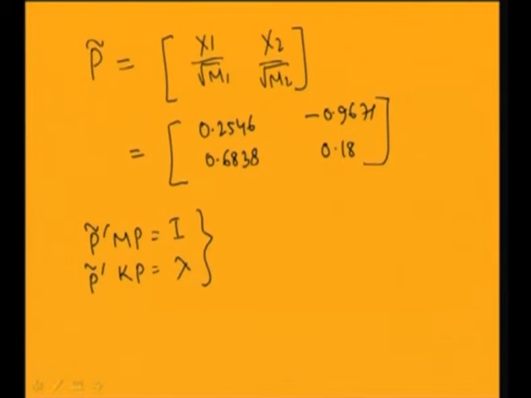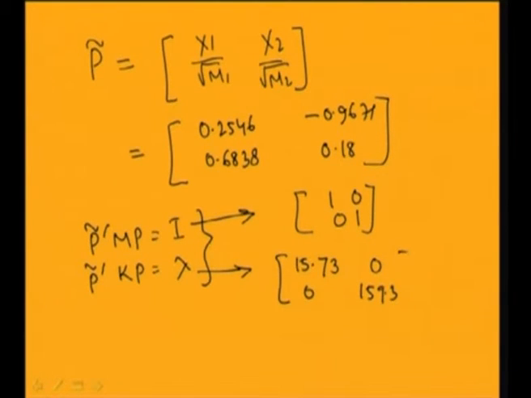So for the P weighted model matrix, the first one becomes 1 0 0 1, and the second one becomes lambda 1, that is 15.73, and 0 and 0 159.3. So P weighted model matrix K P weighted model matrix equal to lambda, that is 15.73, that is lambda 1. So lambda 1 0 and 0 lambda 2.